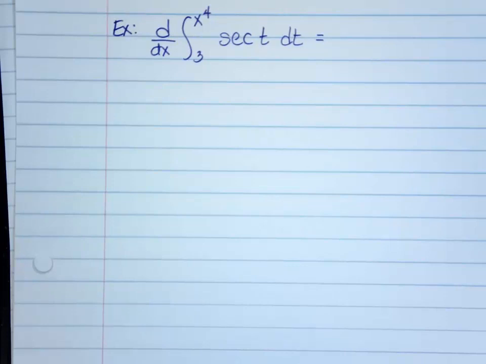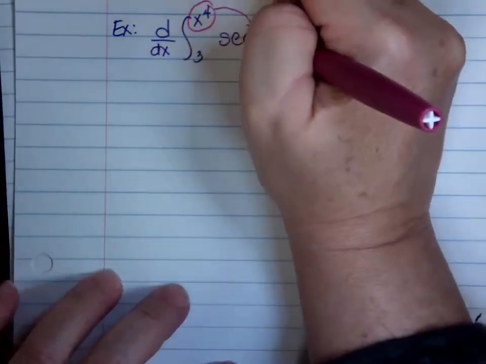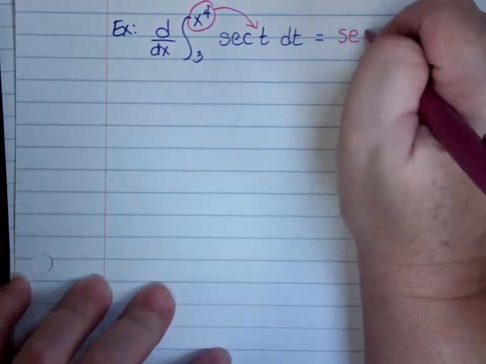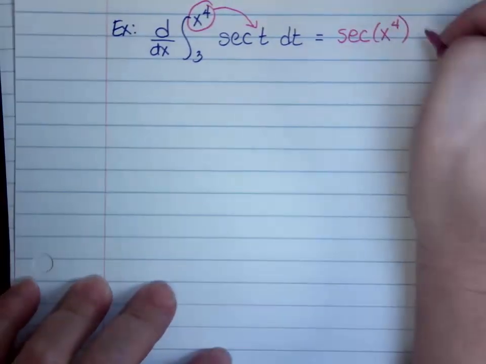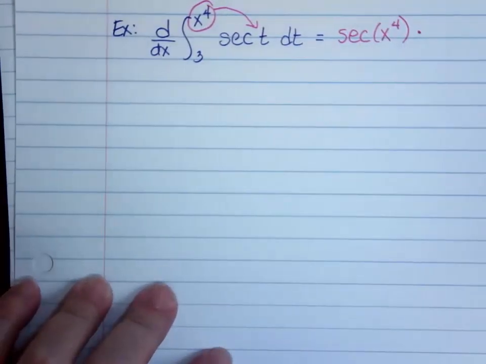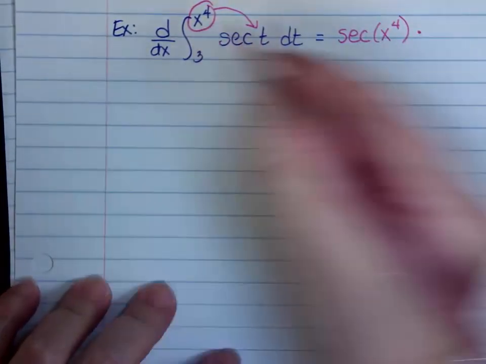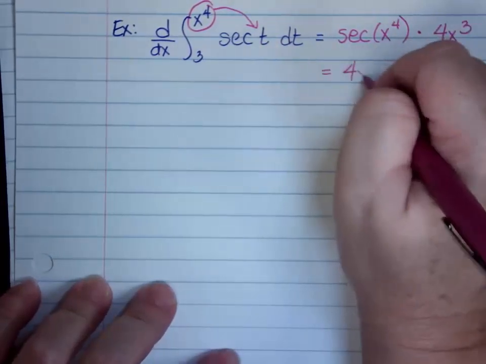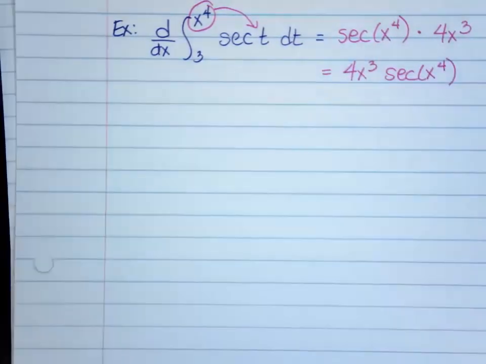The shortcut says the exponent goes in place of the t. So I just write secant of x to the 4th. And then I multiply by what? The derivative of this x to the 4th, which is what? 4x to the 3rd. So bring the 4x to the 3rd to the front, and you're done. This is kind of easy.